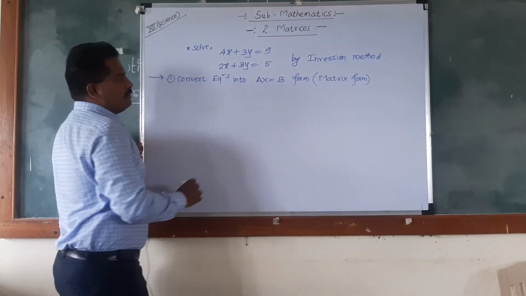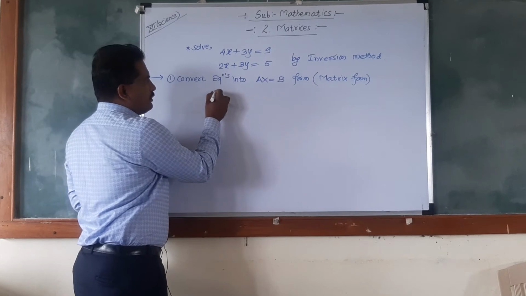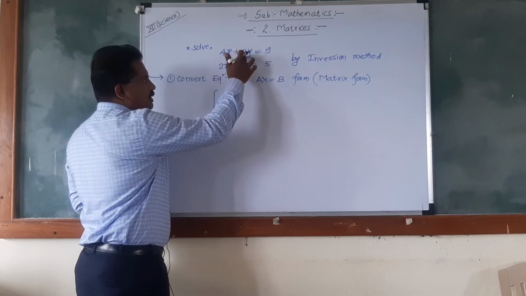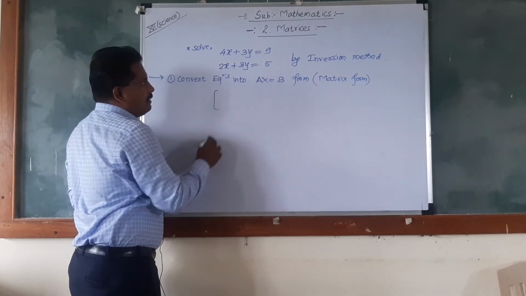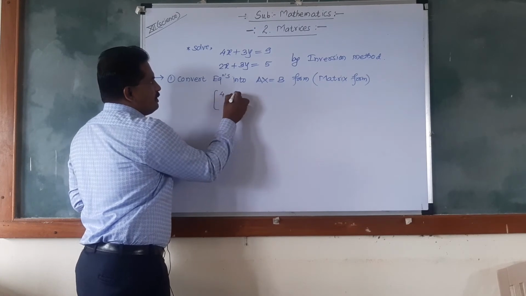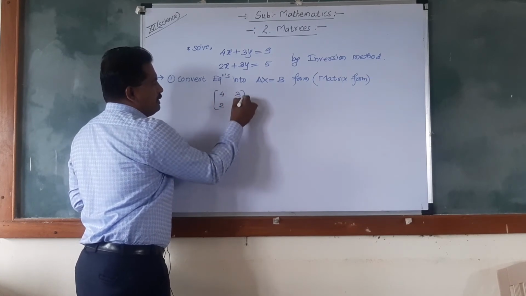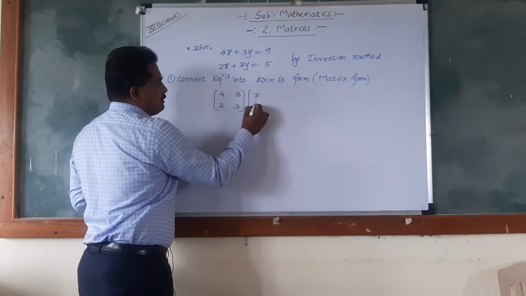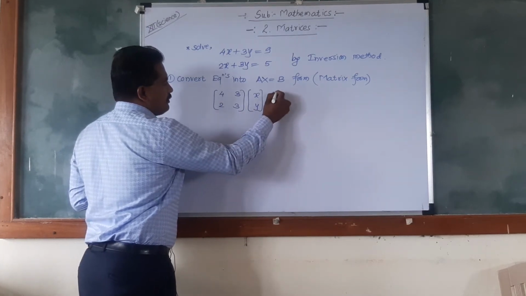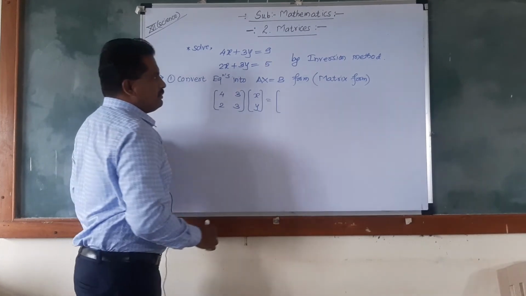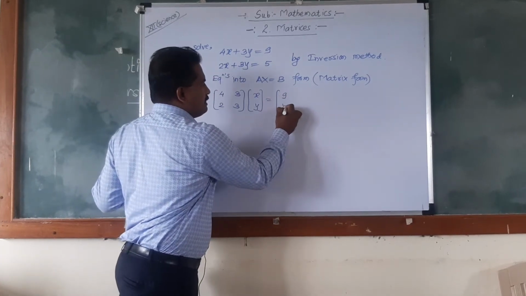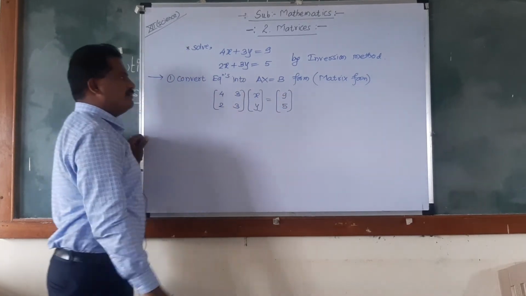Therefore, A is the coefficients of x and y, that means [4, 3; 2, 3], x is [x; y], is equal to the RHS [9; 5].